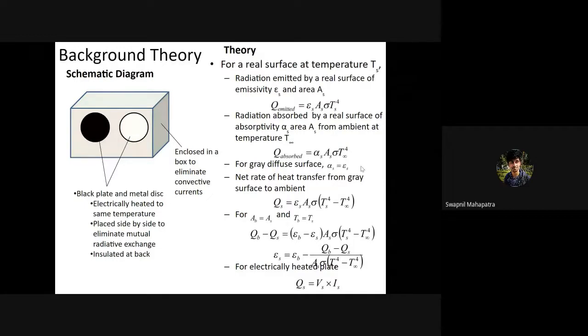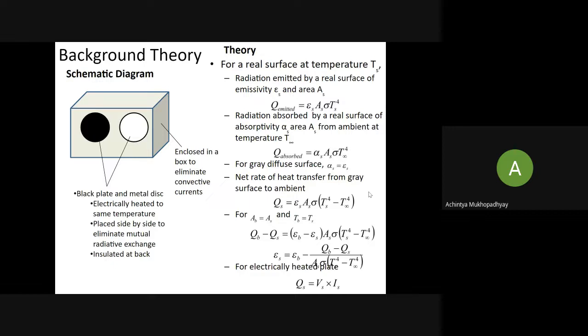Because then, when you are integrating, epsilon prime lambda and alpha prime lambda are independent of theta, phi and lambda, so they will come out of the integral, and you will be left with only integrating over the wavelength and direction. So they will be equal. That kind of surface is called a gray diffuse surface.